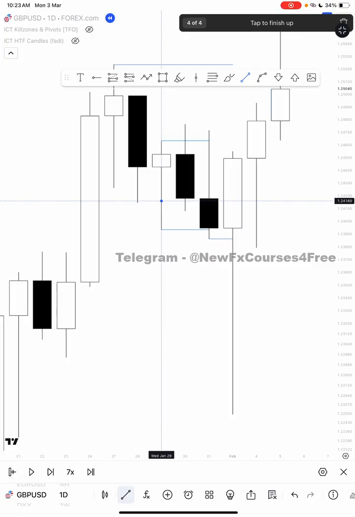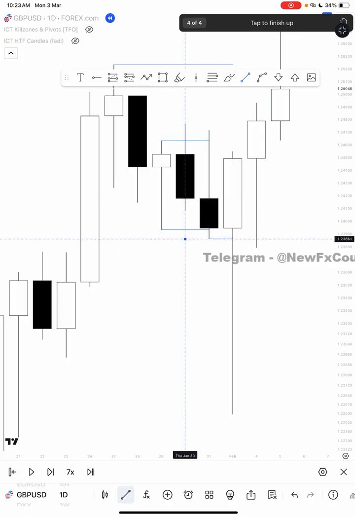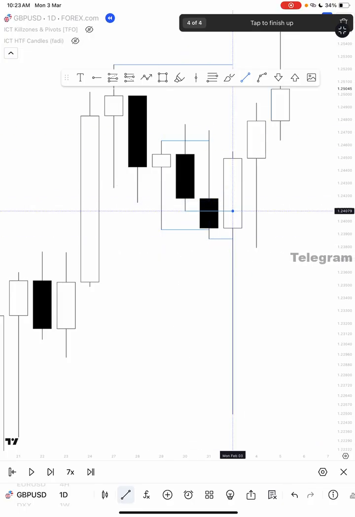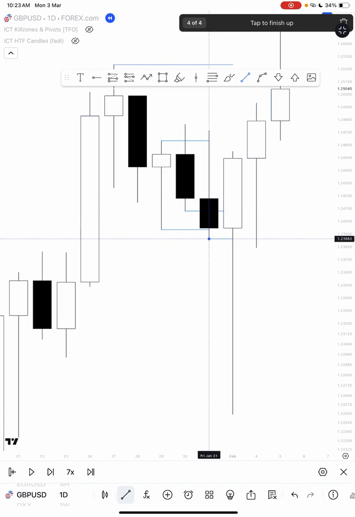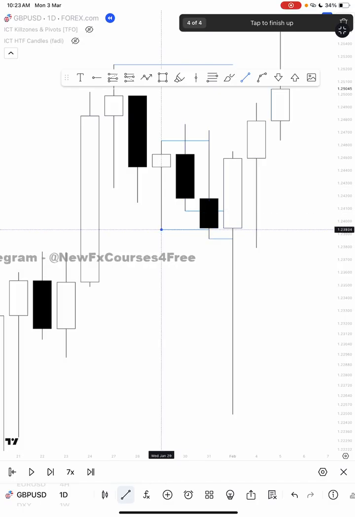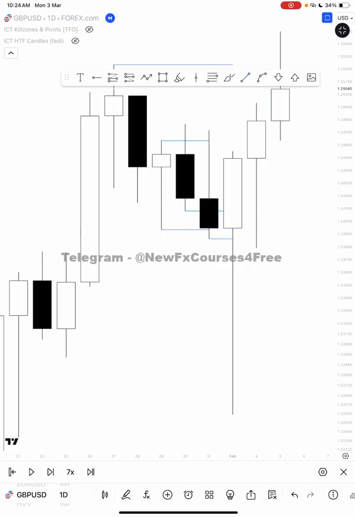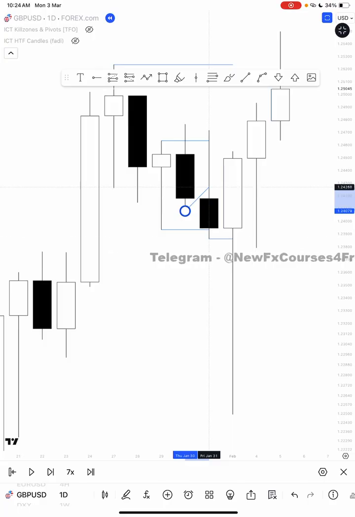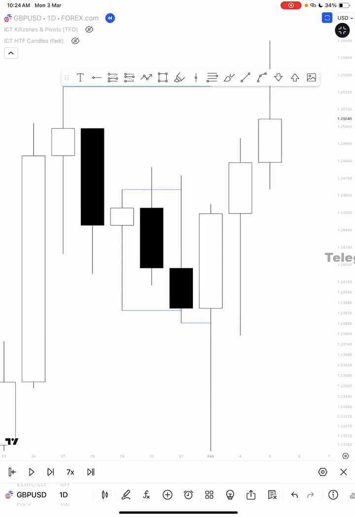That's previous day's low. So you can target here firstly, that's your Thursday's low. Then you can also target here, that's your Wednesday low, previous day low, or your candle range low. Yeah, the same thing, previous day low.